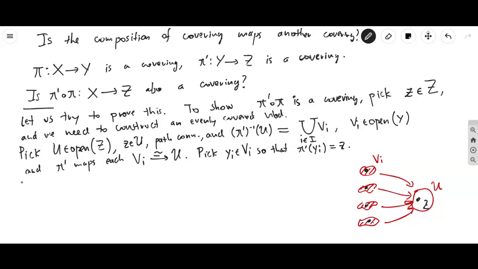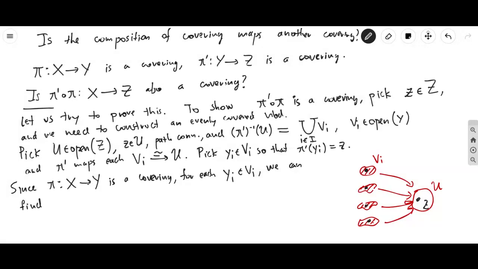Since pi from X to Y is a covering, for each Yi in Vi, we can find a smaller set, let's call it Wi, contained in Vi, that's containing this point Yi. So this is where we're using the shrinking lemma.